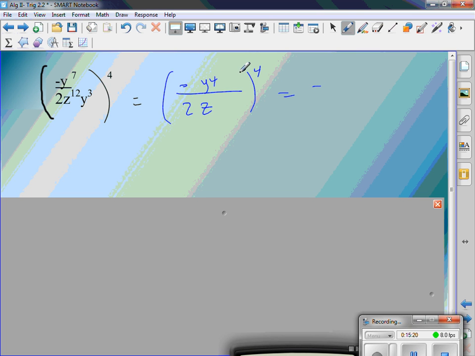Negative y to the 16th, 2 to the 4th, which means 16. Oops, I forgot my 12. And z to the 48. Both ways work. It is usually faster to simplify first before you distribute. That way you're not dealing with larger numbers, but you don't have to.